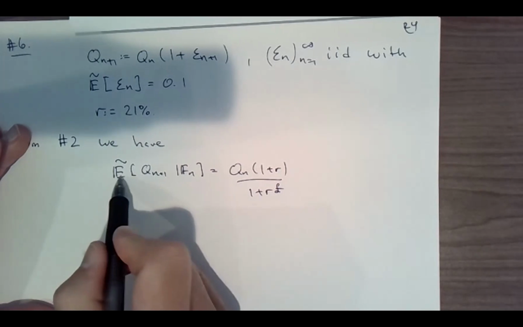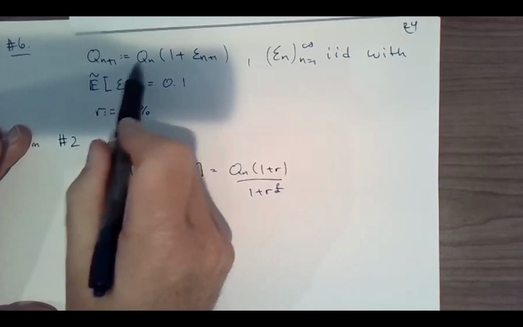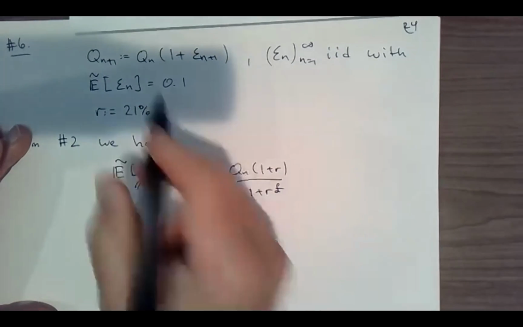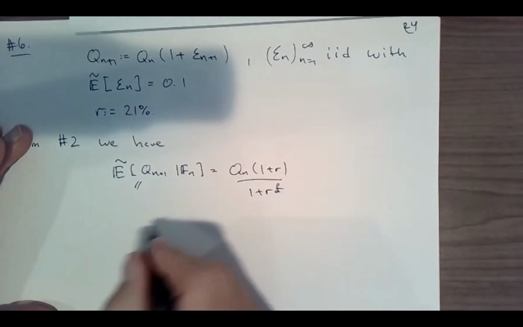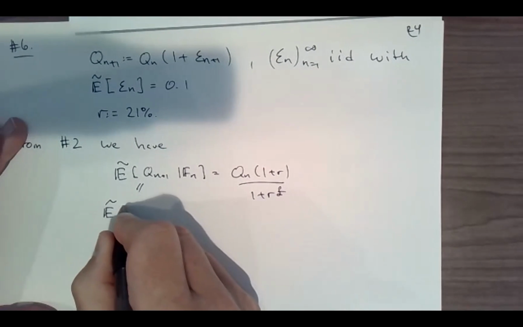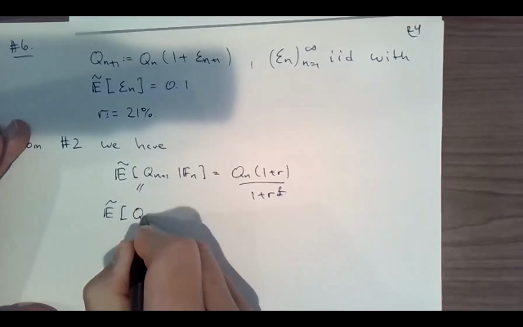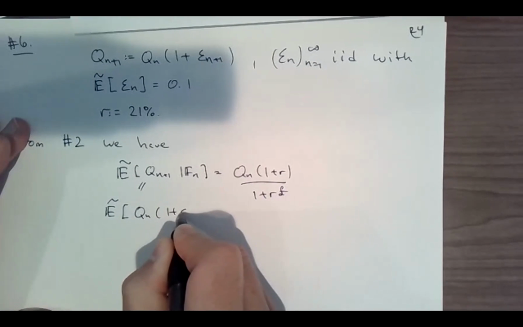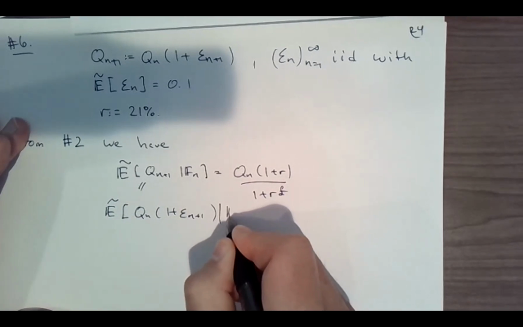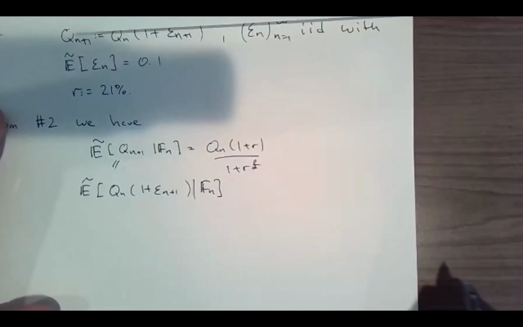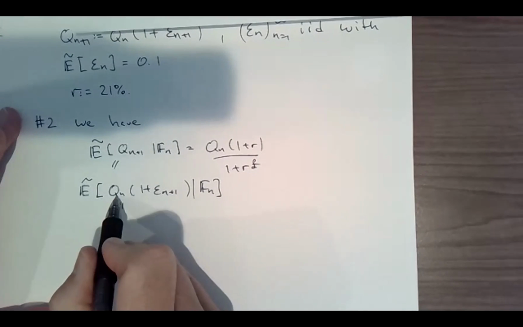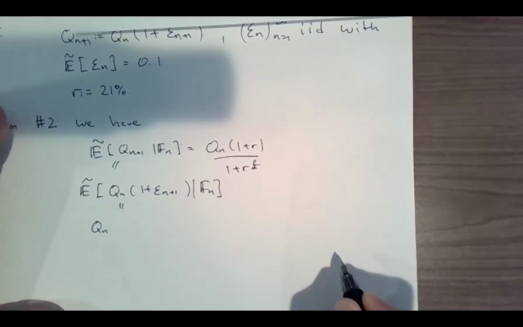But we can do that simply by working out, we have this assumption up here now. This is what we had in general. Now we have an assumption about these q's. So let's plug in what this is in this particular problem. This qn times 1 plus epsilon n plus 1 given Fn. So this is measurable, so we can pull them outside.